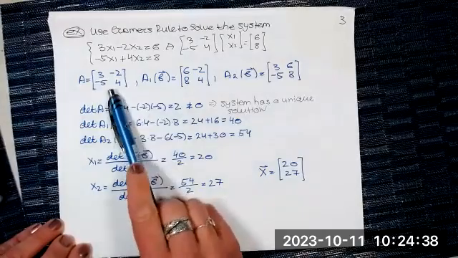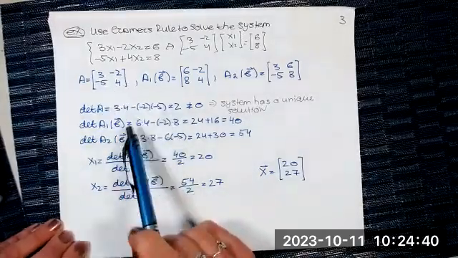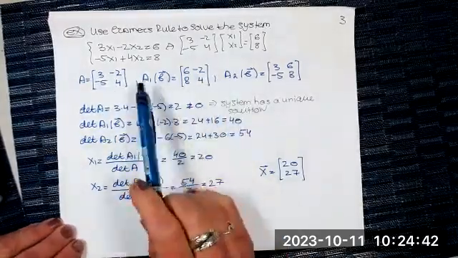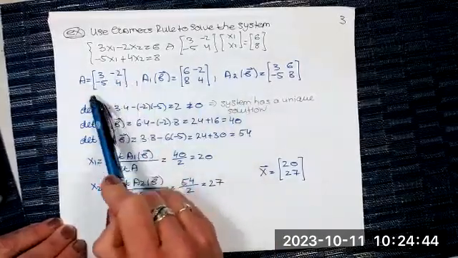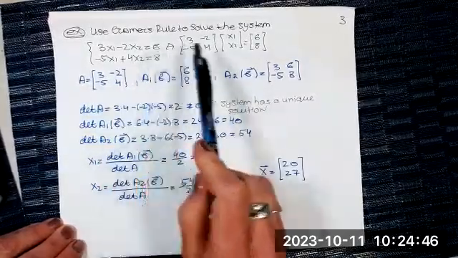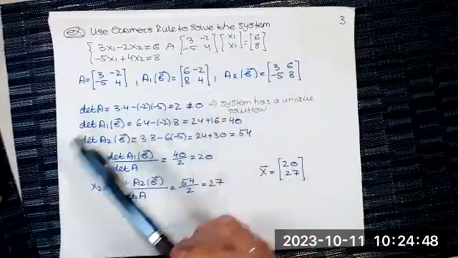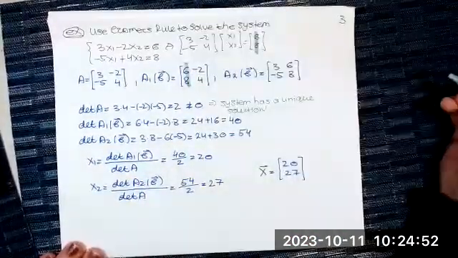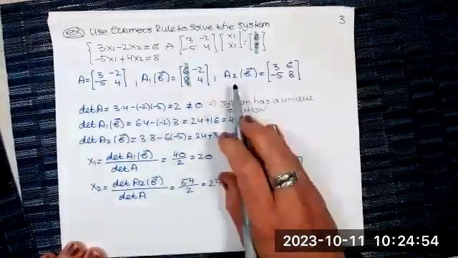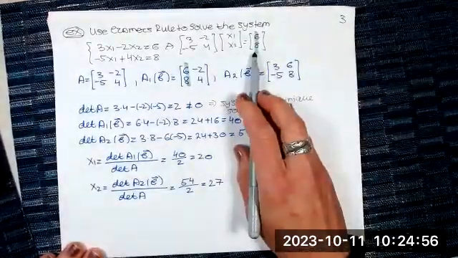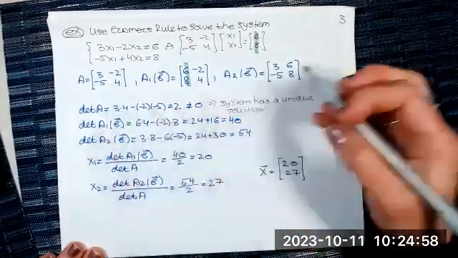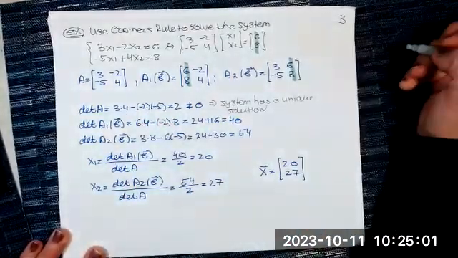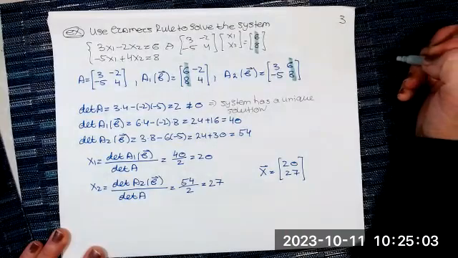So I have my matrix A. Constructing my A1(B) and A2(B): for A1, I'm taking vector B and putting it in the first column of A. For A2, I'm taking my vector B and replacing the second column of A with B. That's all I have to do.